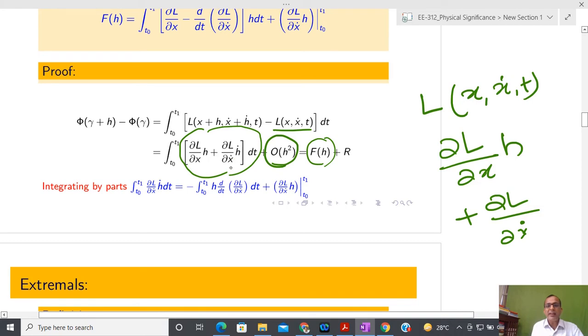After that, I am going to use the formula of integration by parts. By using it, it is possible to show that for the term dou L by dou x dot times h dot dt, I can somehow remove h dot, because the increment is h, so I do not want to care about h dot.